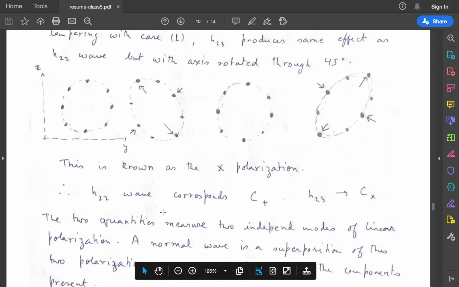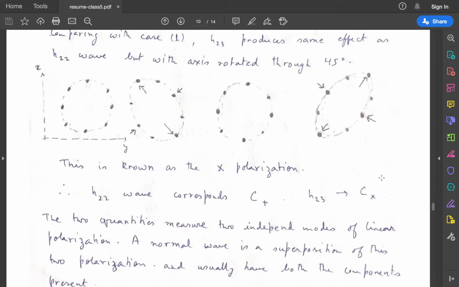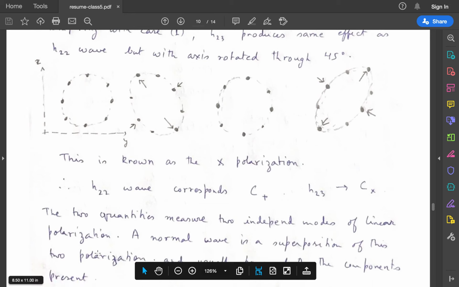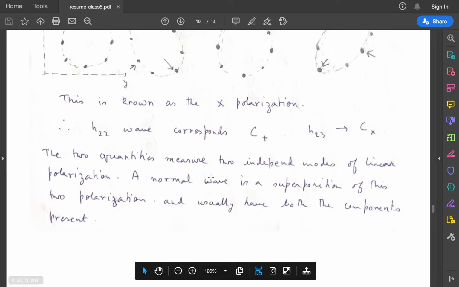So the h22 wave corresponds to the plus polarization, and h23 to the cross polarization, and the two quantities measure two independent modes of linear polarization. Usually a normal wave is a superposition of the two polarizations, so we usually have both components present.